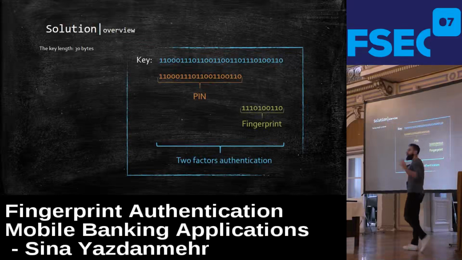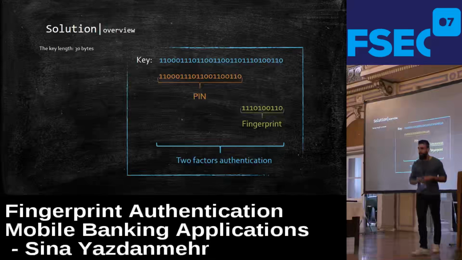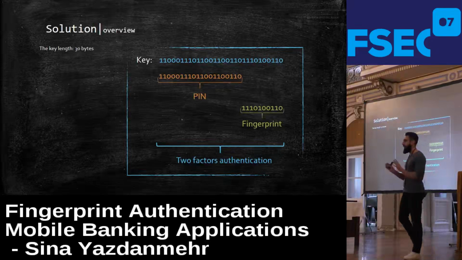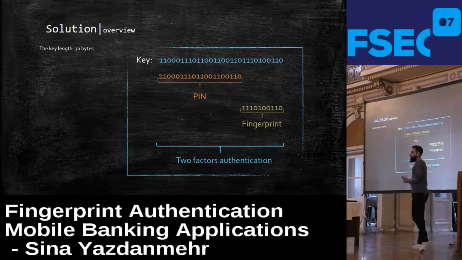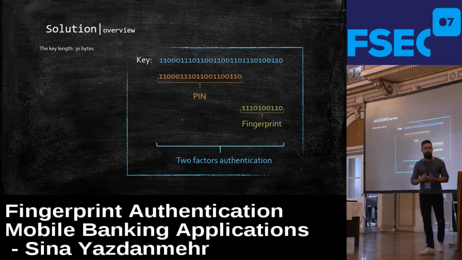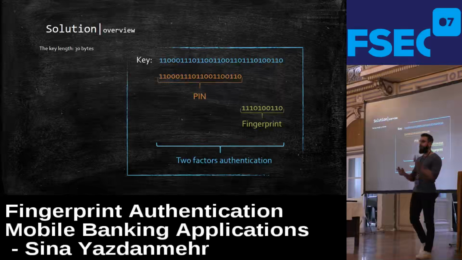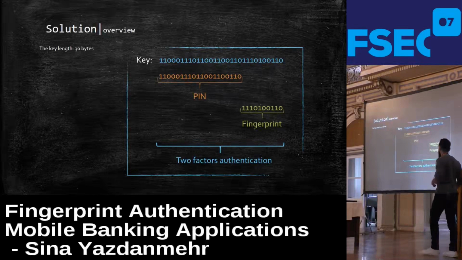Imagine your secret key is 30 bytes. This is just an assumption. It can be any length. When the mobile application receives the secret key, it can split the secret key into different sizes.